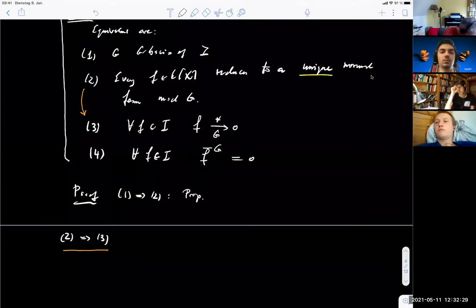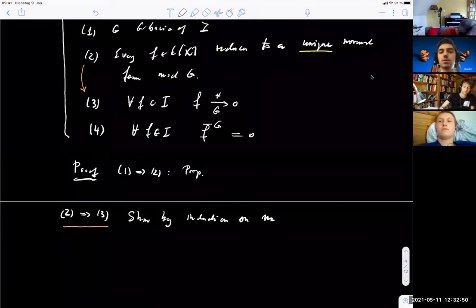So I do an inductive proof. There are two parts. Show by induction on m, a natural number, the following.